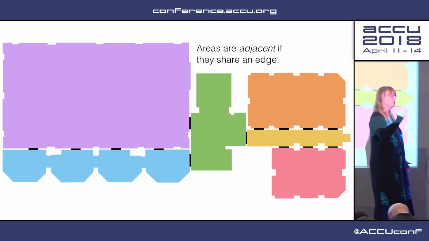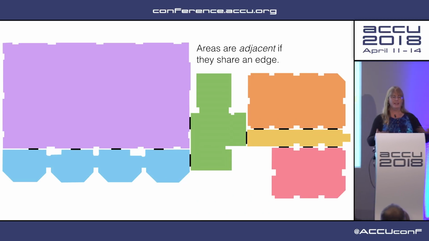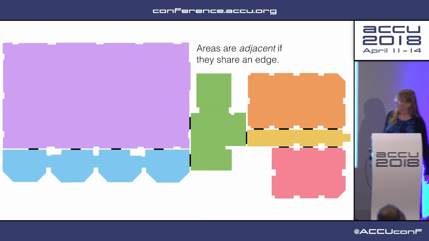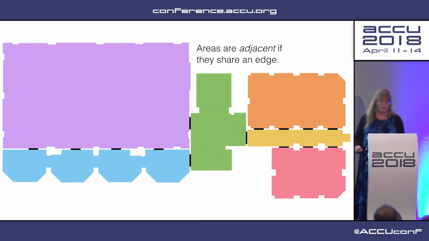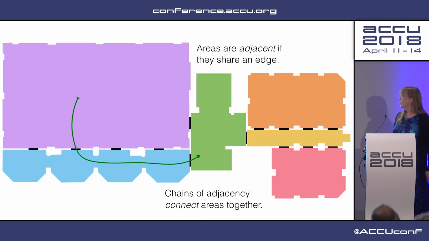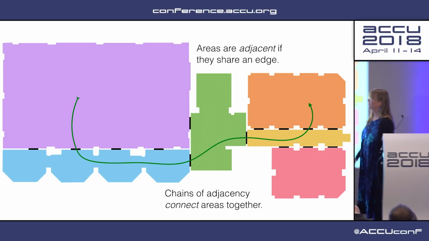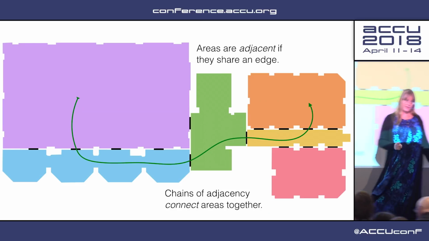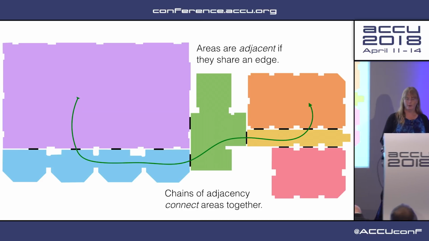The purple room is adjacent to the blue hallway, and we can get from one to the other. The purple room is not adjacent to the orange room. But we can get from the purple room to the orange room by going through a few hallways. They're connected to each other.